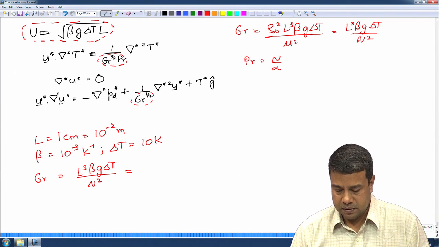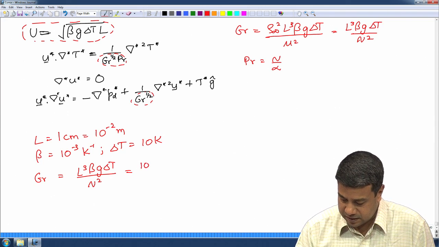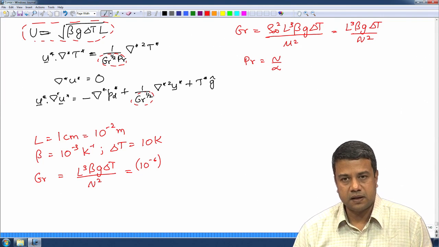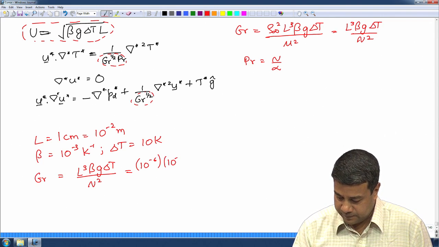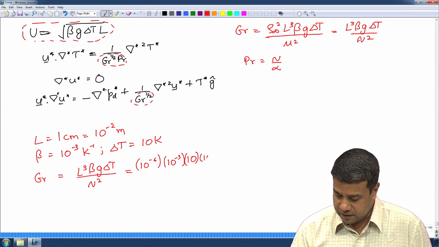Grashof number is L cubed beta g delta T by kinematic viscosity square. For gases, L cubed is 10 power minus 6 in meters. Beta I told you is of the order of 10 power minus 3, g is 10 meters per second square, and delta T is of the order of 10.